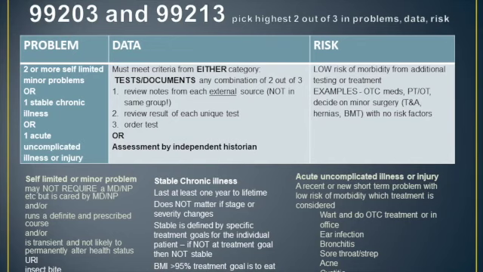The biggest thing for me, I think, is that self-limited minor problems and acute, uncomplicated illness or injury, sometimes they flip-flop. A wart can be a self-limited minor problem if you do nothing for it. But if you say, yes, that's a wart, you know what? We could try some cryotherapy here, but he's 2, so he's going to cry and be upset.